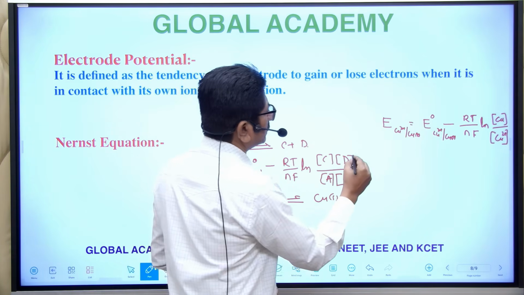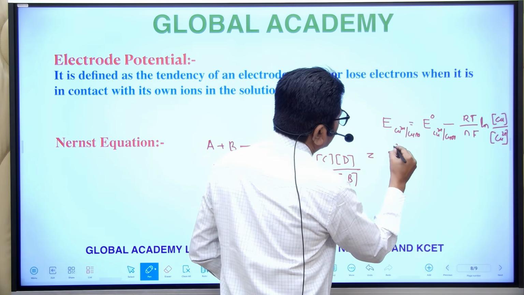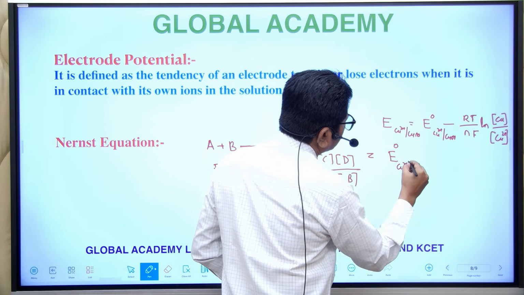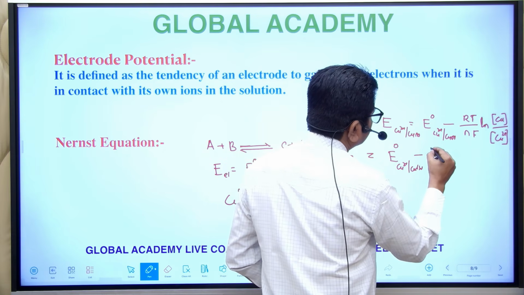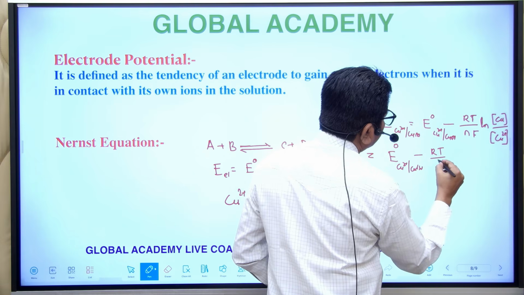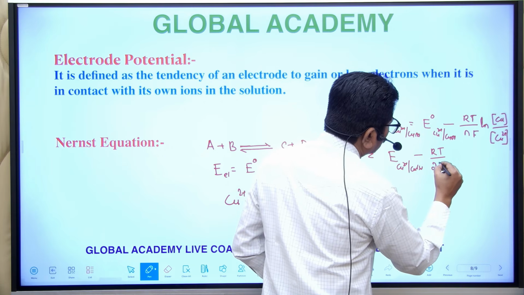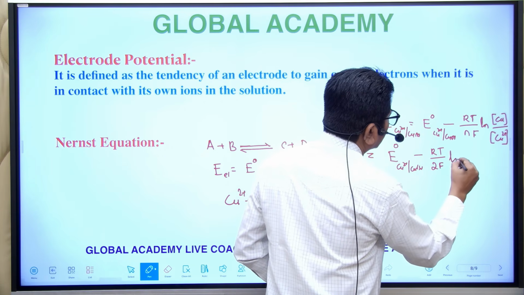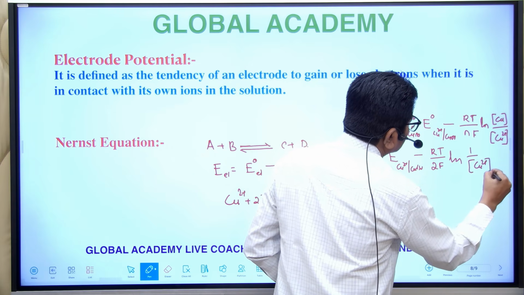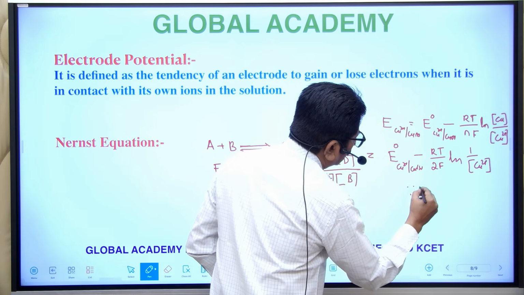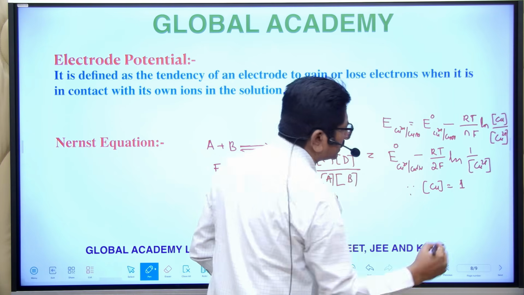So this is equal to E naught of Cu2+ to Cu solid minus RT by 2F, since two electrons are involved, ln 1 upon concentration of Cu2+, because the concentration of Cu is equal to unity.